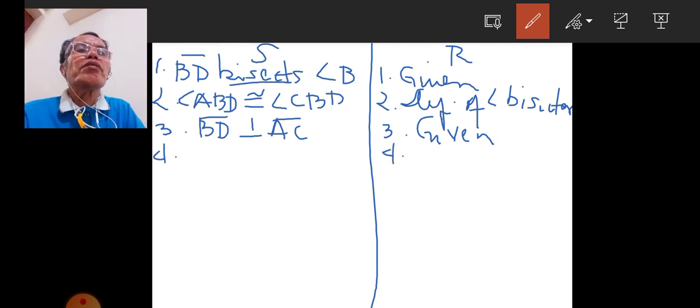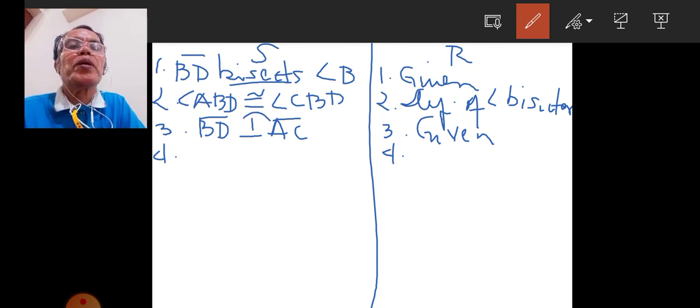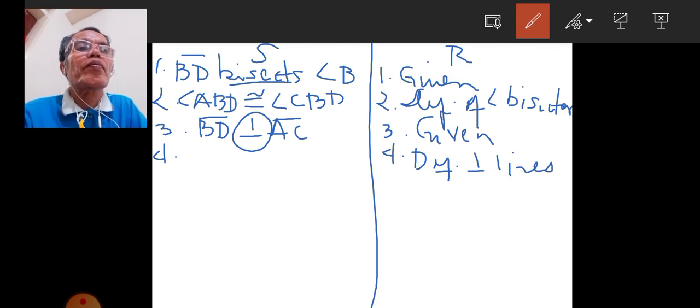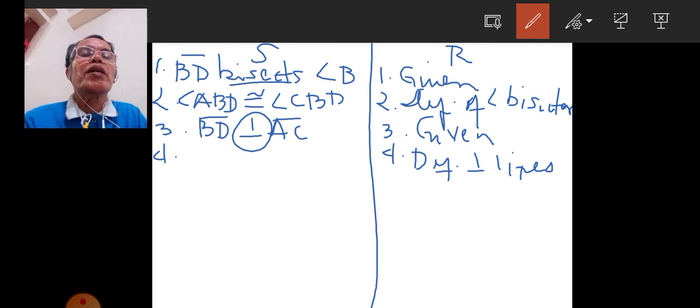For the reason number 4, you can anticipate your answer because you have the term perpendicular. So the reason must be definition of perpendicular lines. And how did we know that the two lines are perpendicular? Two lines are perpendicular if they form two right angles.